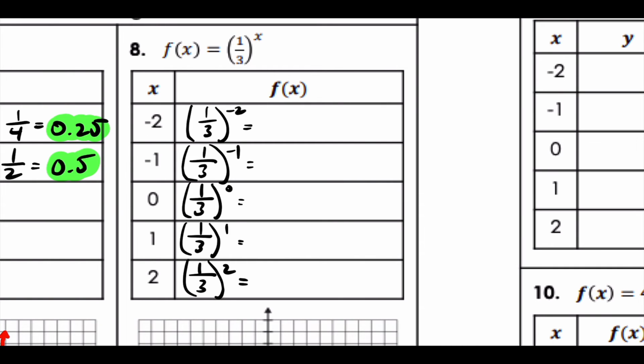So now, is this going to be growth or decay? Before you even graph anything, is it going to be growth or decay? Decay. It's going to be decay, right? Because 1/3 is 0.33. That's less than 1.